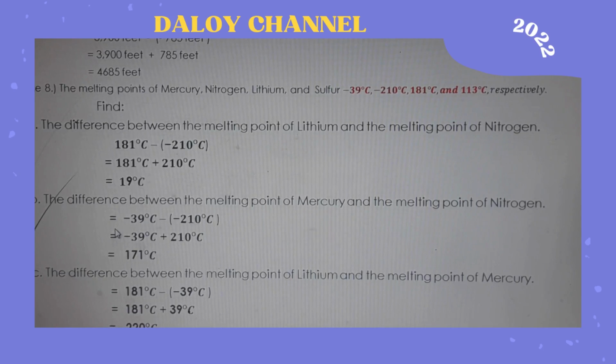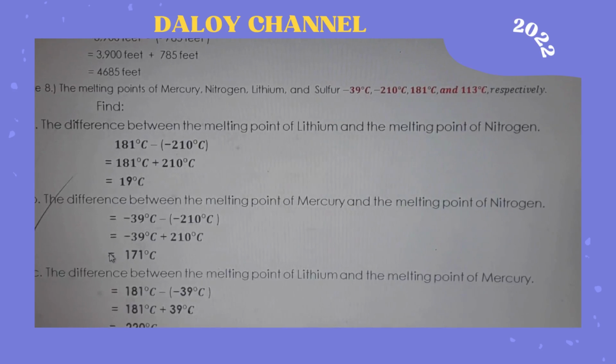So finalizing our statement, we have negative 39 degrees Celsius plus 210 degrees Celsius. Finding the difference between 210 and 39, the final answer is positive 171 degrees Celsius.